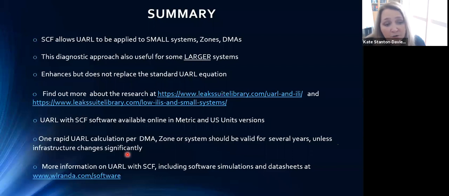The UARL software, although we've been demonstrating it in metric units, is also available online in US units. And as I mentioned before, unless your infrastructure changes significantly, one calculation for a zone or a system or a DMA should be valid for several years. You can find more information about the software, including a simulation you can have a go at, at wlrna.com/software.